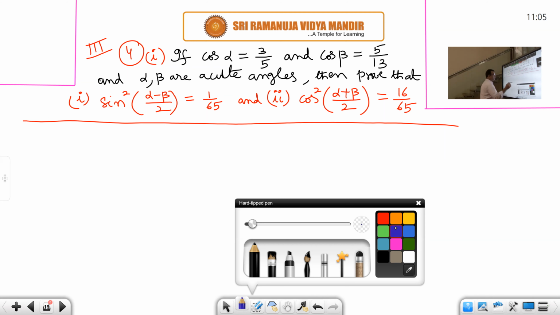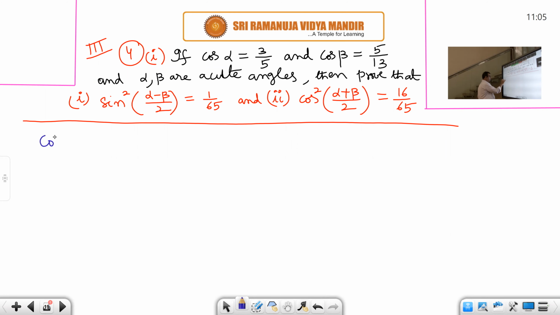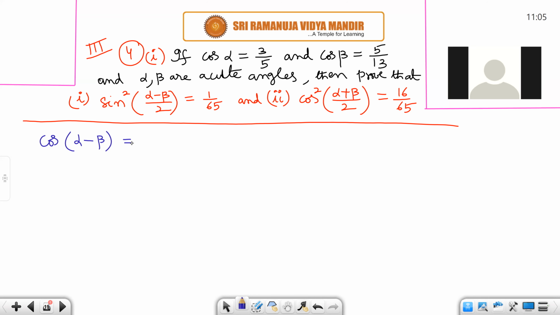See, first bit, sin square alpha minus beta by 2, if you want, you should get the value of cos alpha minus beta first. Then you can find sin square alpha minus beta by 2. So what is the formula for cos alpha minus beta, Shilpita? Sir, cos alpha cos beta plus sin alpha sin beta, sir.